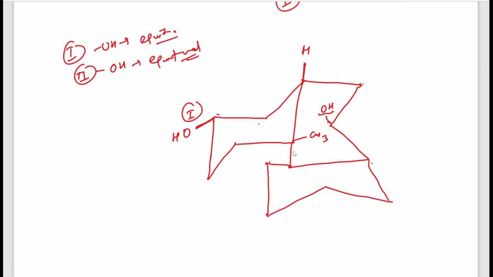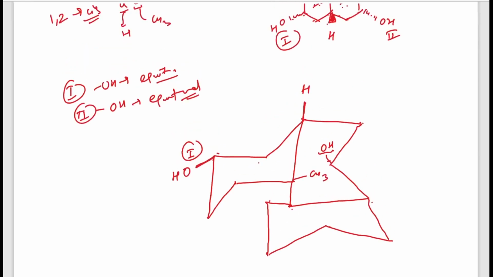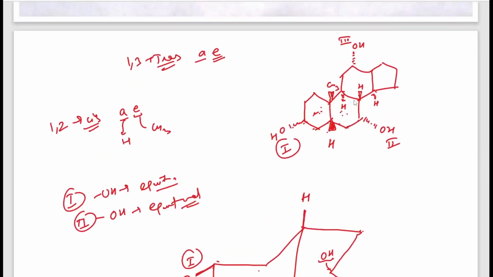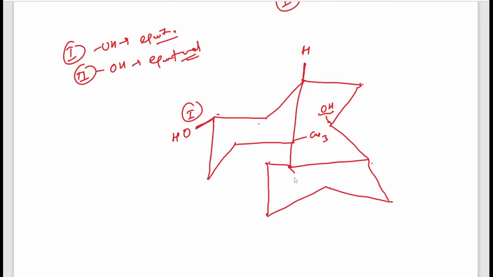If we consider third ring, in that case corresponding to two methyl group, okay, both hydrogens, the adjacent carbon atom, this methyl and this hydrogen should be trans to each other at 1,2 position. At 1,2 trans meaning both should be at same axial or equatorial position. So if methyl is at equatorial, obviously hydrogen will be at equatorial position.